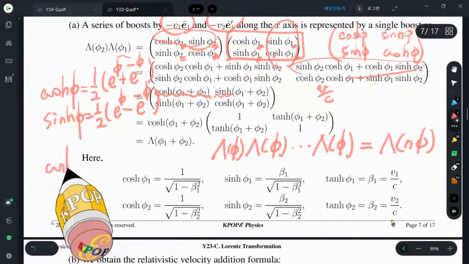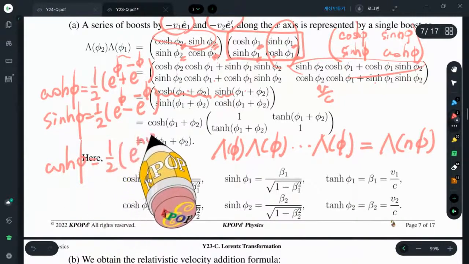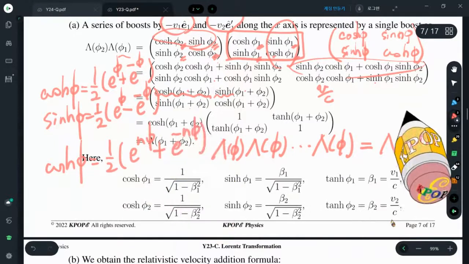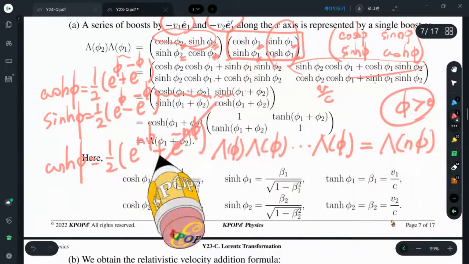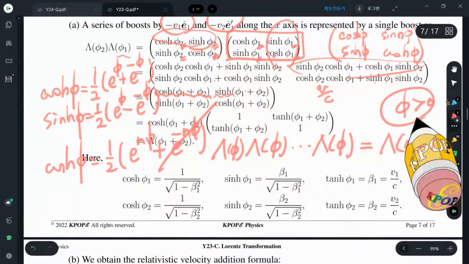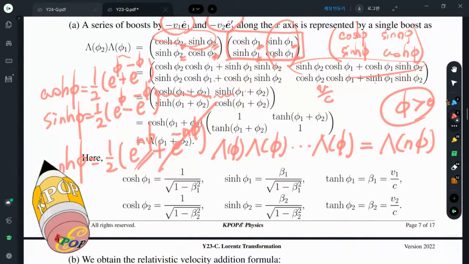Then cosine hyperbolic n phi is 1/2 (e to the n phi plus e to the minus n phi). If phi is positive, the second term will disappear as n goes to infinity. As n goes to infinity, what I get is the leading piece.